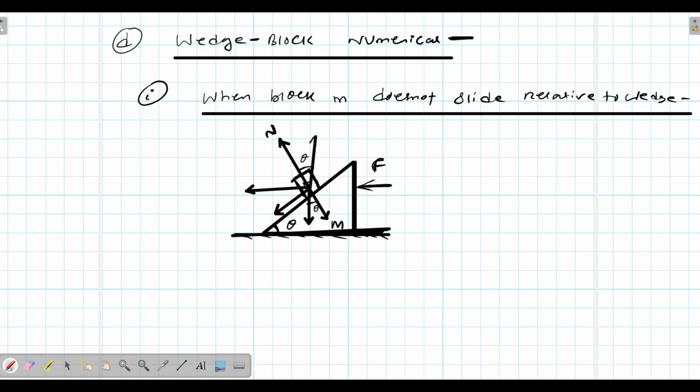This is N cos theta. This is N sin theta. This is the force, mass into acceleration. The pseudo force is equal and opposite to the force applied, so this is also F, that is also mass into acceleration.